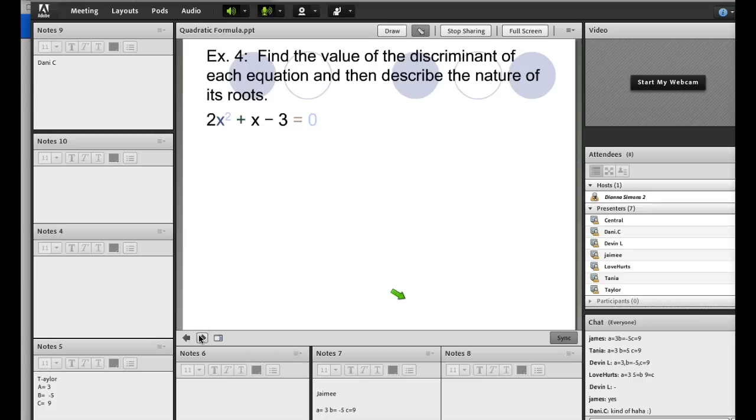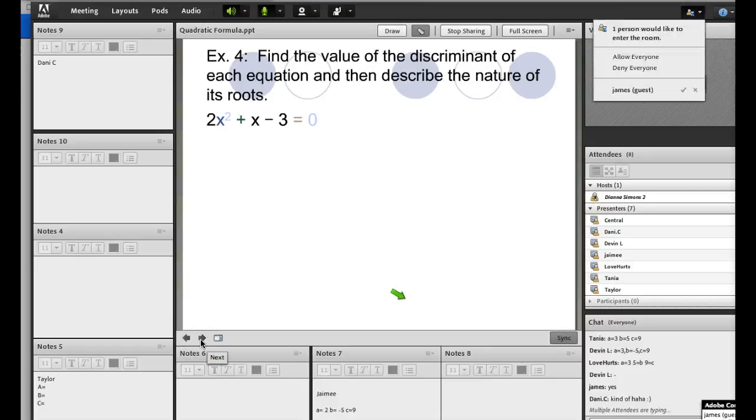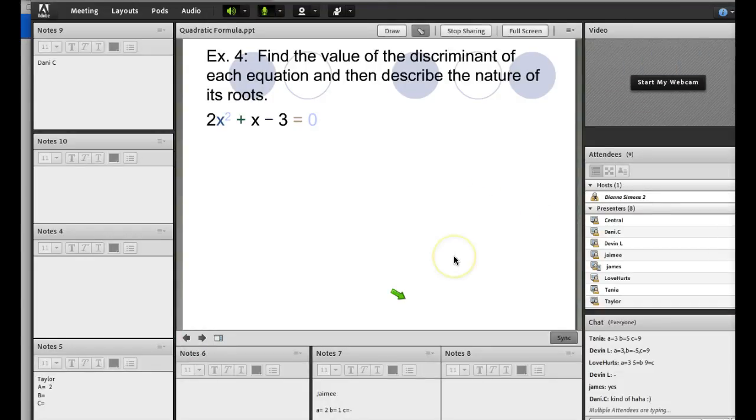What's your A, B, and C? Okay. A is 2, B is 1, C is -3.